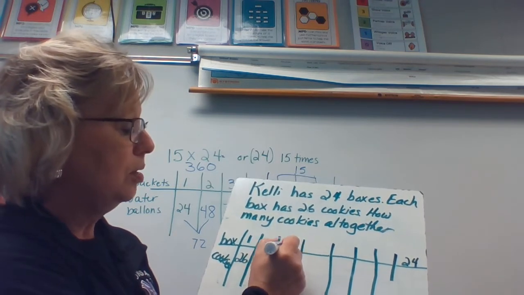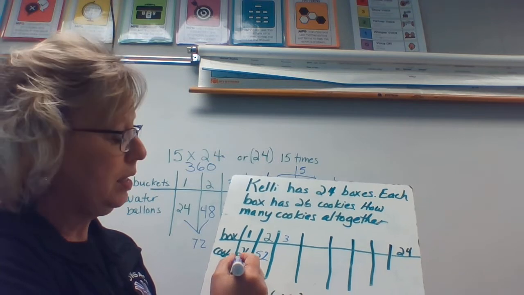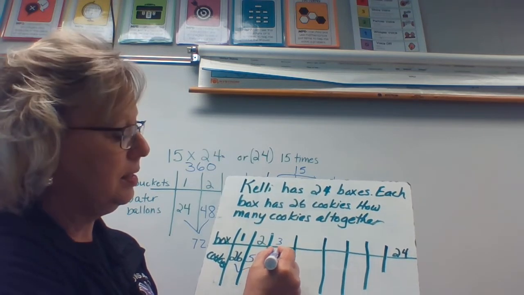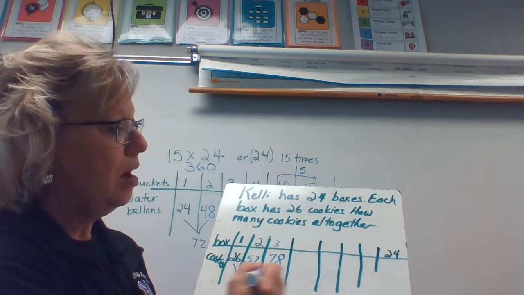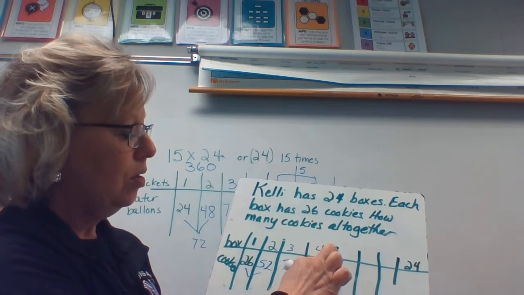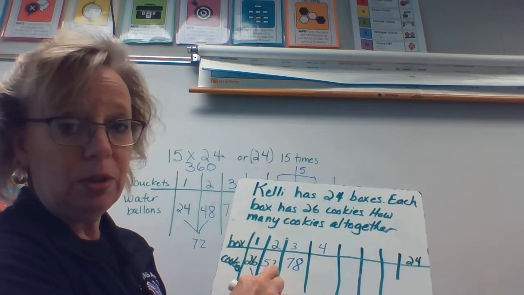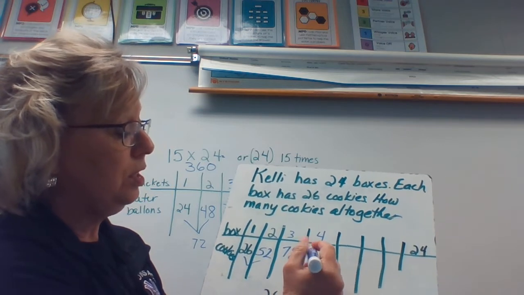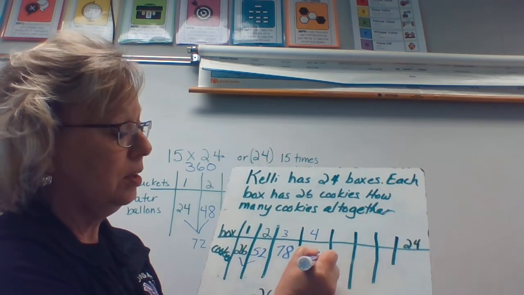Three boxes would be what 26 plus 52 is, which is 78. I want to get to 24, so I kind of want that 4 number. 4 is going to be double 2. So 52 plus 52 is 104.